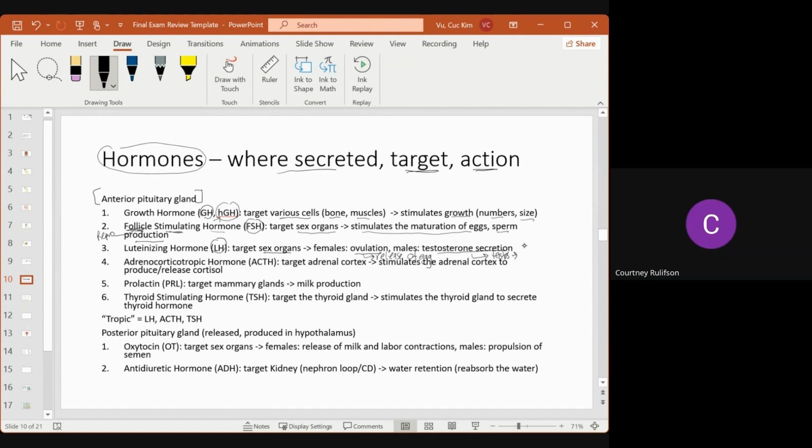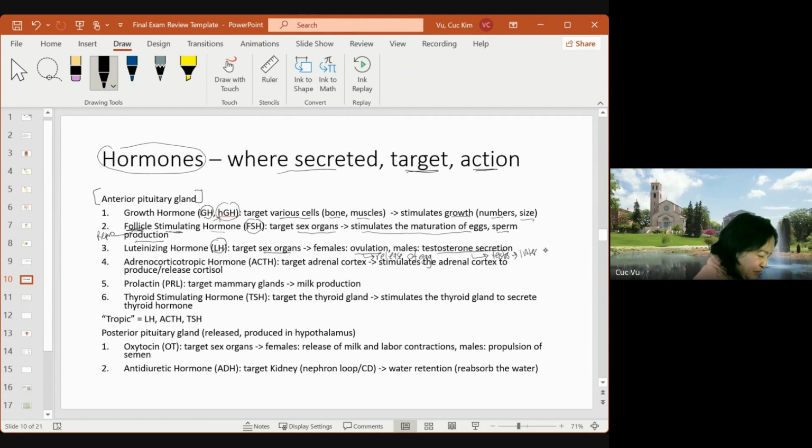The interstitial cells. Perfect. Okay. So that's luteinizing hormone. So it targets sex organs, and in females, it causes ovulation to happen, and in males, it's going to cause testosterone to be secreted.